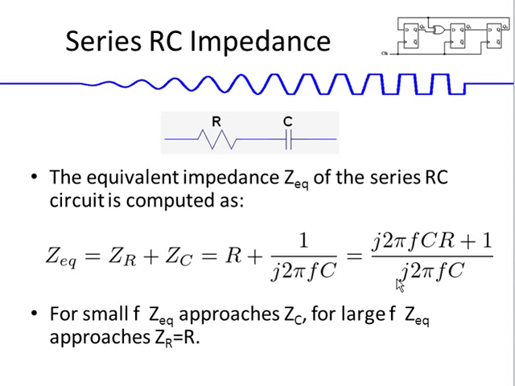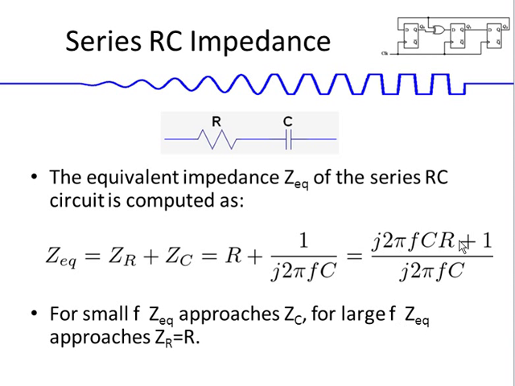If you look at this formula, you see that for small f, this part here is small compared to the 1, so we just get 1 over j2πfC. That's simply the impedance of the capacitor. So for small f, Z_EQ approaches the impedance of the capacitor, and this acts like a capacitor.